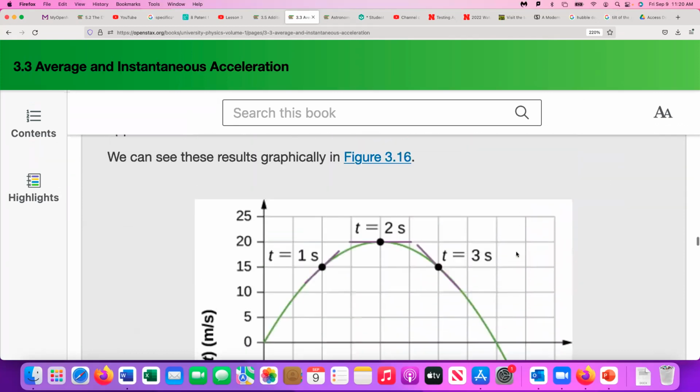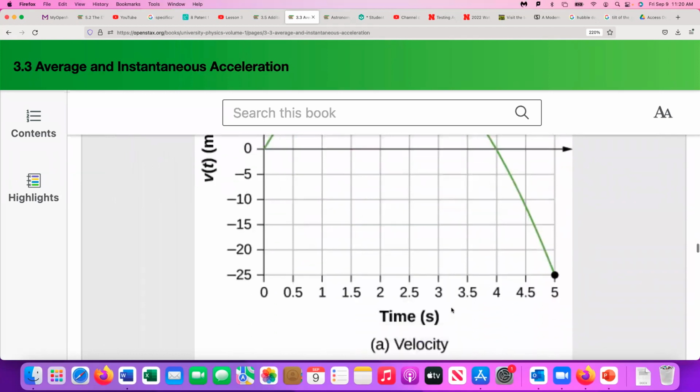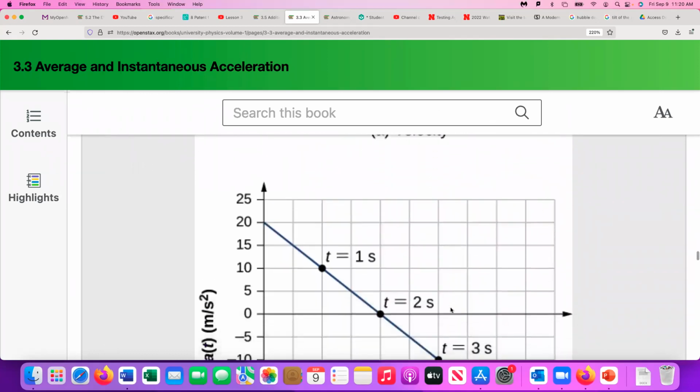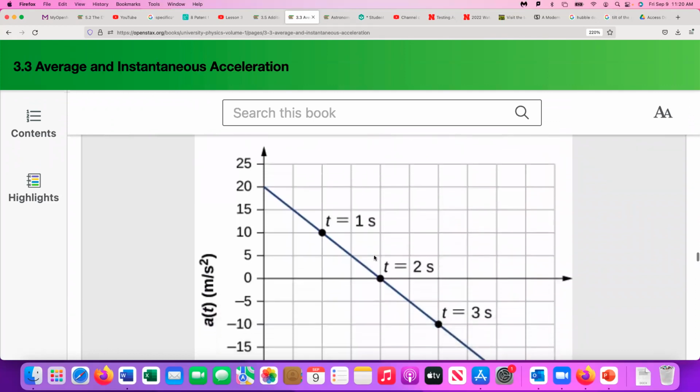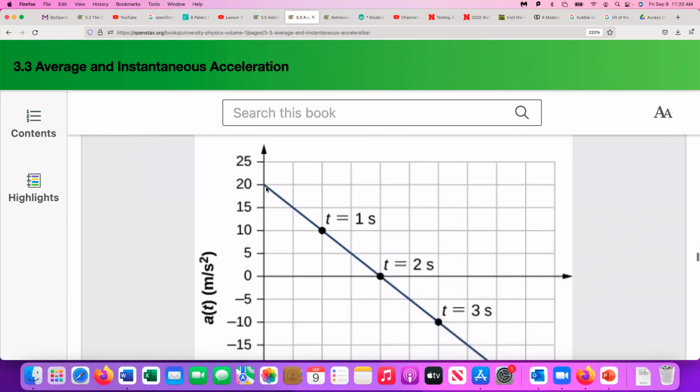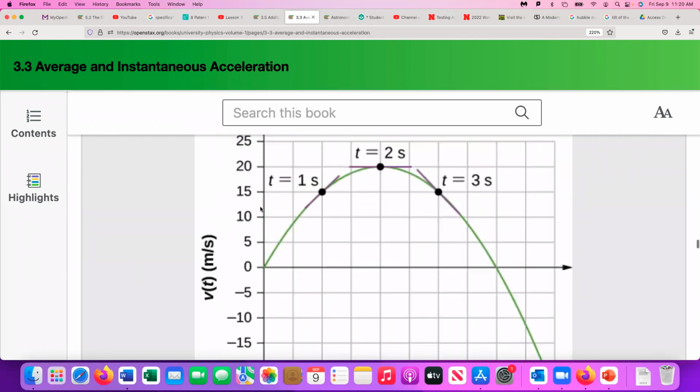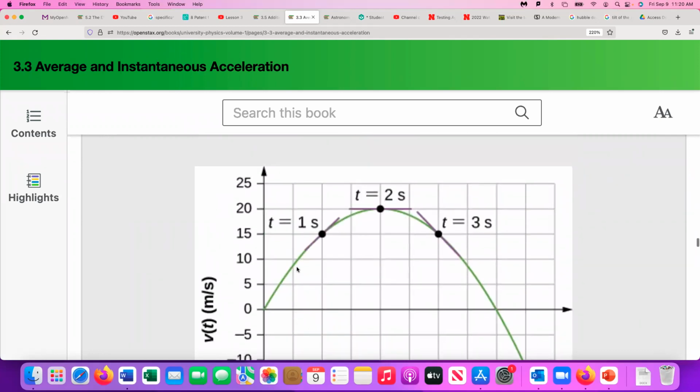So you can see here, this quadratic form of this velocity curve is definitely quadratic. It's a parabola. But when we take the derivative of that, we definitely get something linear in the acceleration. It starts off positive, just like this graph starts off with a positive slope.